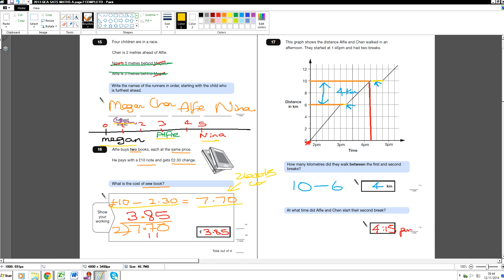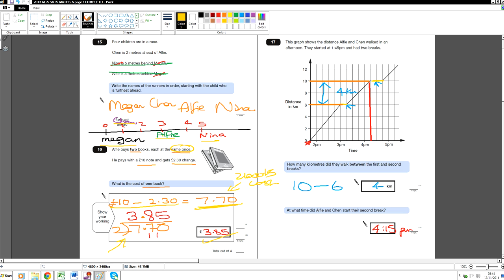So the 2 books cost £7.70. Now because the 2 books have the same price, we can divide it by 2 as we've done in the bus stop technique over here. And we can work out that £7.70 divided by 2 gives you a cost for each book of £3.85. And that's the end of question 16. So work out how much you spent, divided by 2, and that is the cost of each book, and the job is done. 2 nice marks.